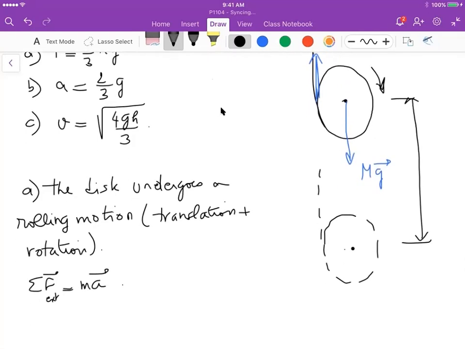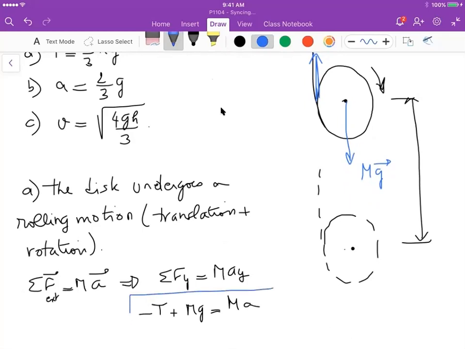So instead of that, we can write down the sum of Fy is equal to m times ay, to say that the motion is only along the vertical axis. So we end up with minus T plus mg is equal to, here I used capital M for the mass, so it's M a y, and so it's M multiplied by a.